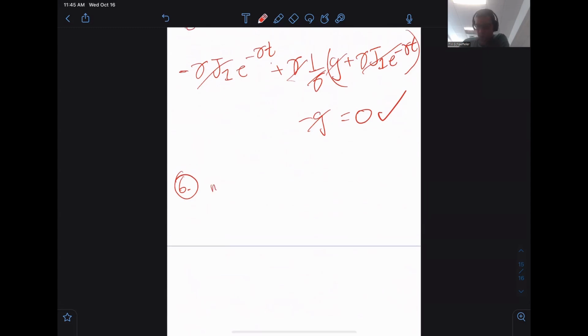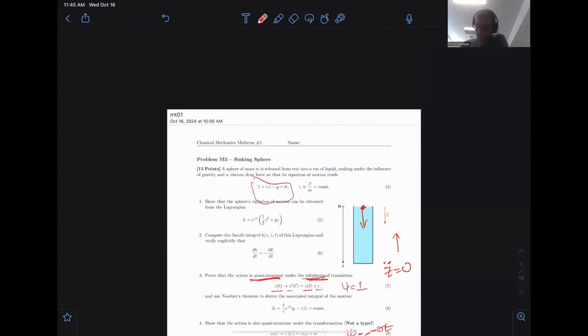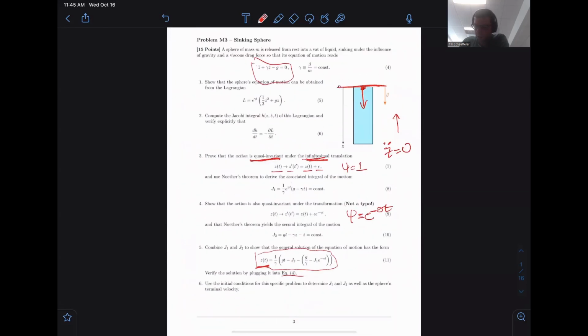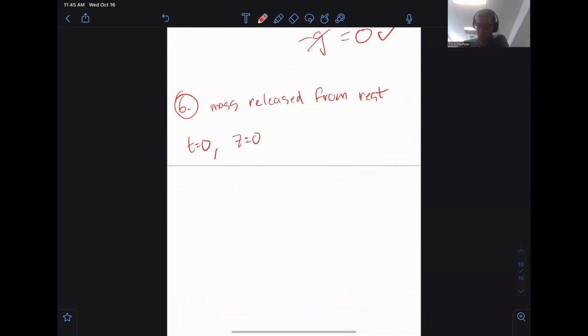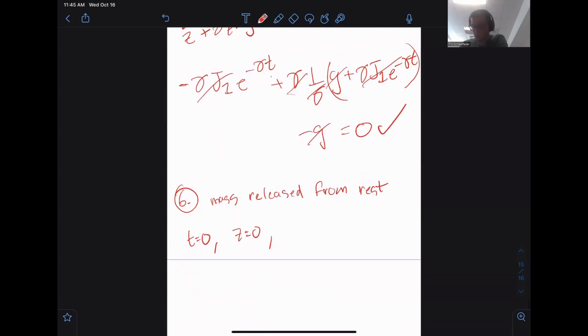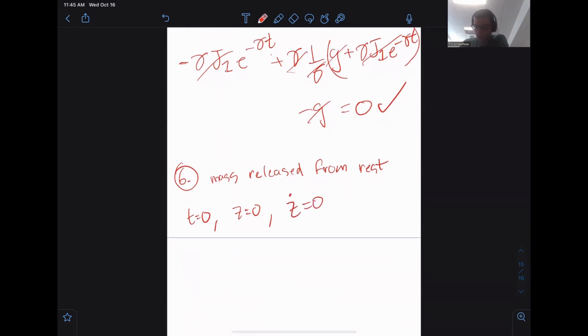So if the mass is released from rest, that means at t equals 0, it starts at z equals 0, and because it's released from rest, z dot is equal to 0, and we know that initially it's accelerating with gravity.